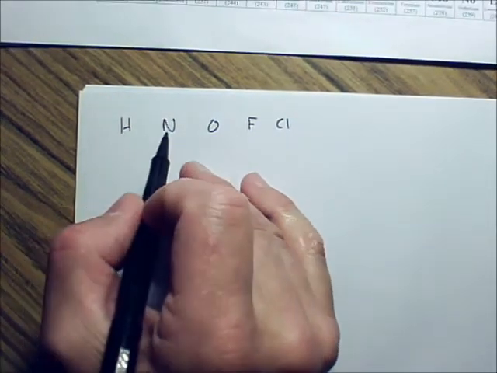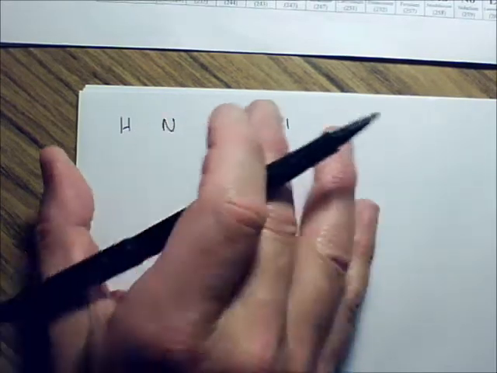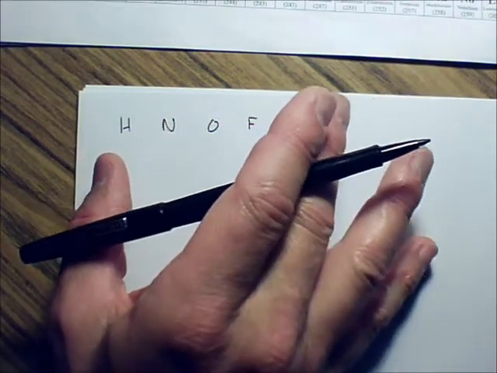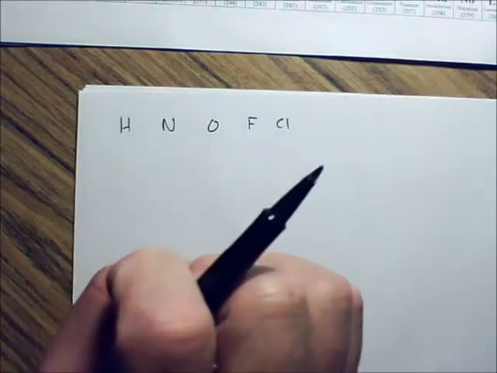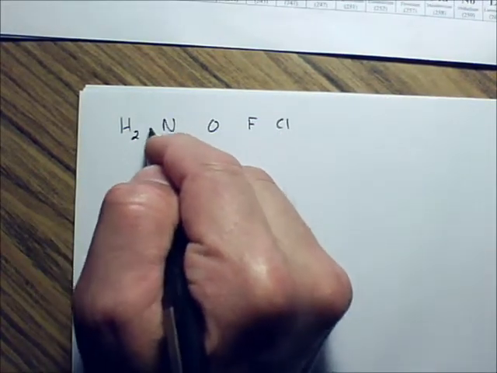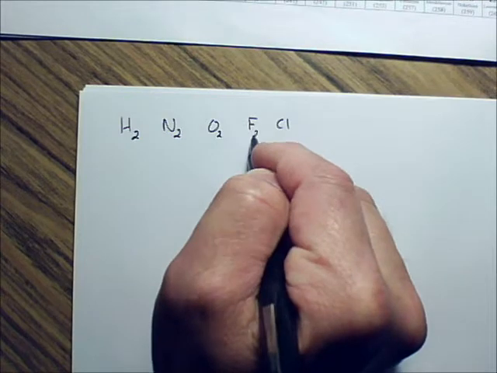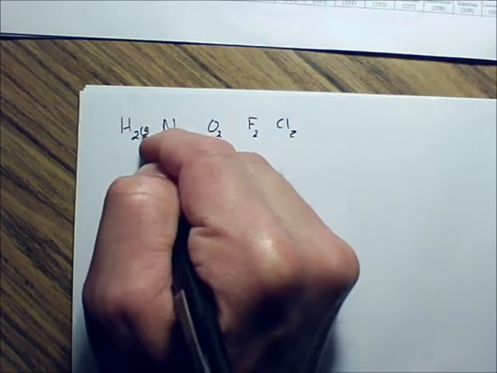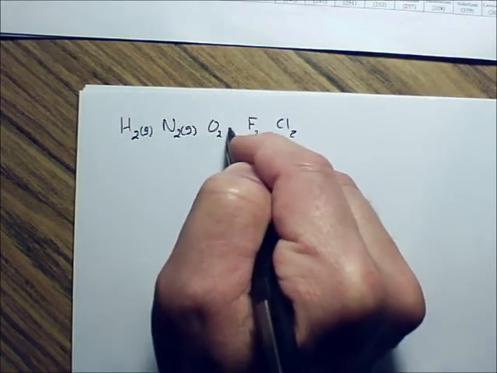When hydrogen, nitrogen, oxygen, fluorine, and chlorine exist alone, they're not ionic, they're just elements. They are always diatomic gases. If they're just existing alone, they're always diatomic gases.